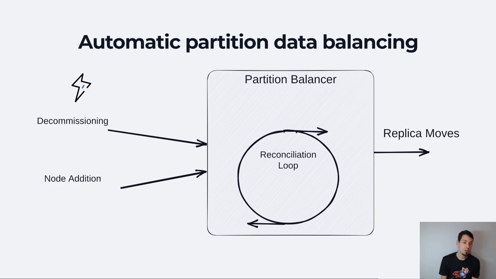Or nodes being decommissioned. This reconciliation loop is also run periodically to discover other violations, like, for example, low disk space. This service is responsible for calculating a fitness score for the current partition allocation and hard constraint violations. If the allocation may be optimized, a partition will be reallocated.